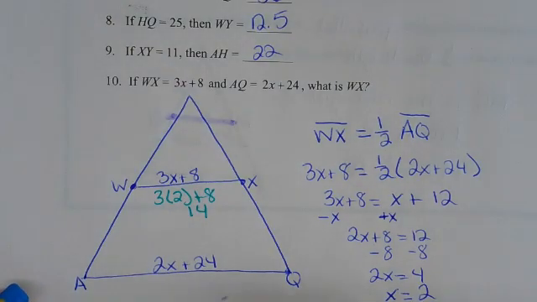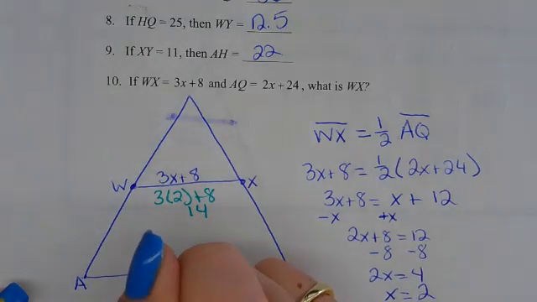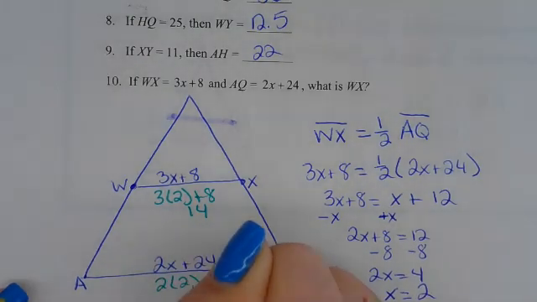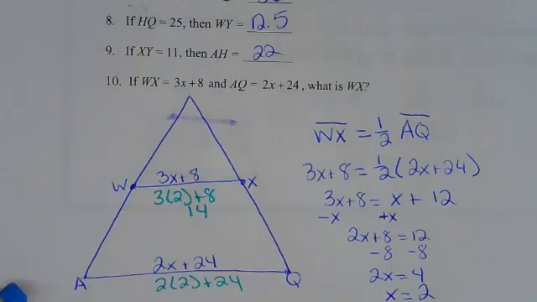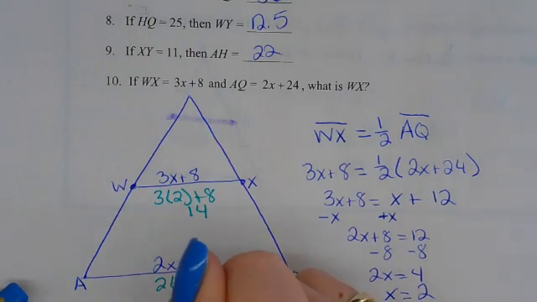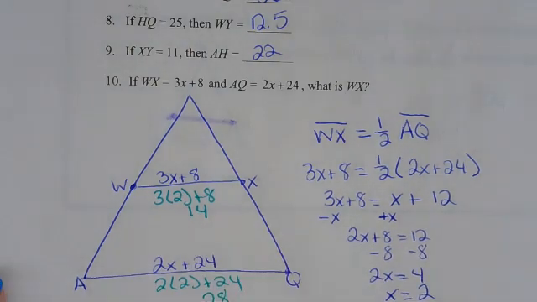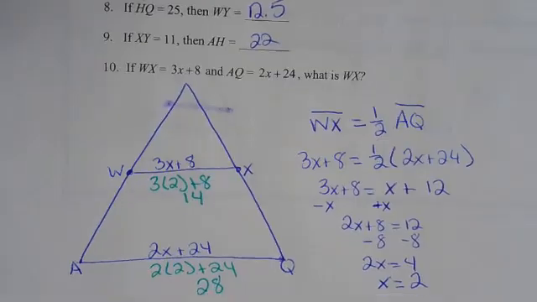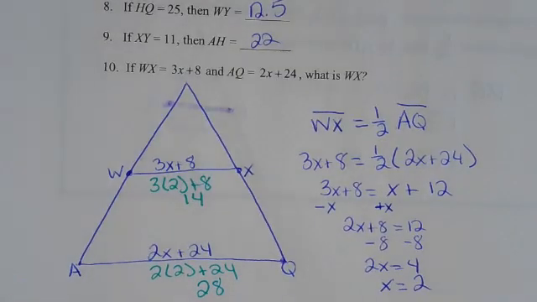Again, I'm going to substitute the 2 in for x. 2 times 2 plus 24. 2 times 2 is 4, plus 24 is 28. So looking at this, did I prove that this is half of AQ? Yes, I did.